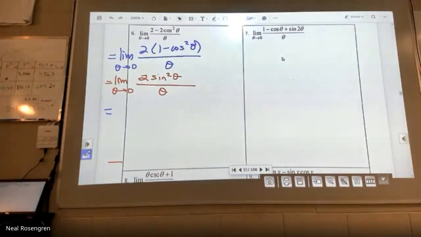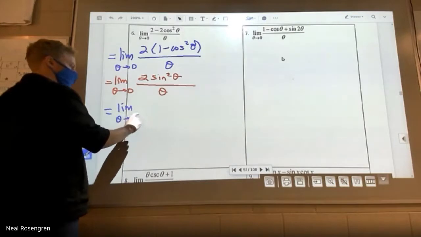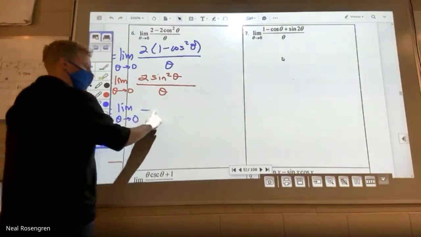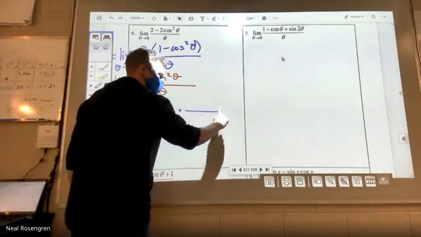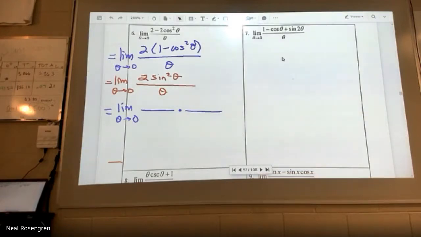The thing that we just have to watch out for is when we do that, that's a 0, not a theta. When we start breaking one fraction into 2, there's a big difference between when we break it into a product and we break it into a sum, right? When it's a product, I have to remember that I'm going to multiply all the tops back together, multiply all the bottoms back together, and it's got to give me the line before, right?